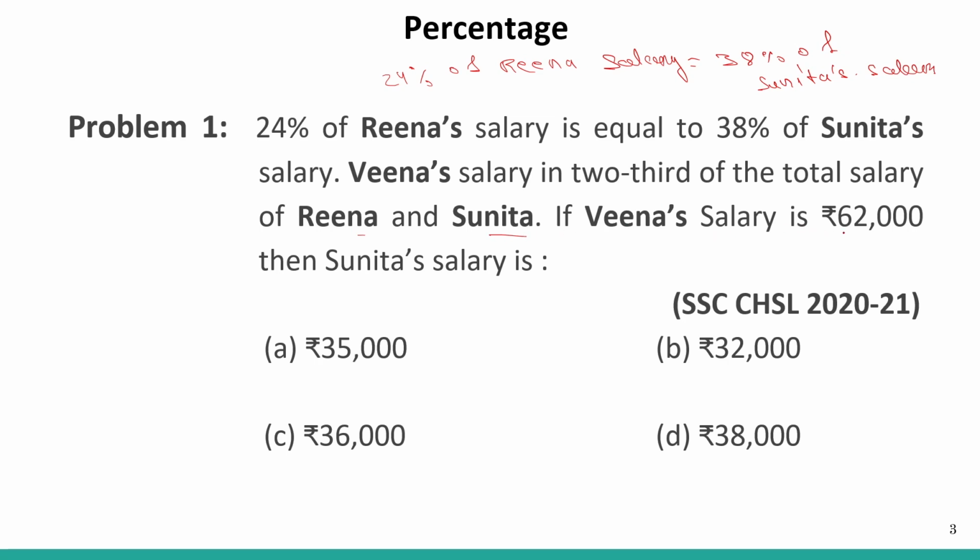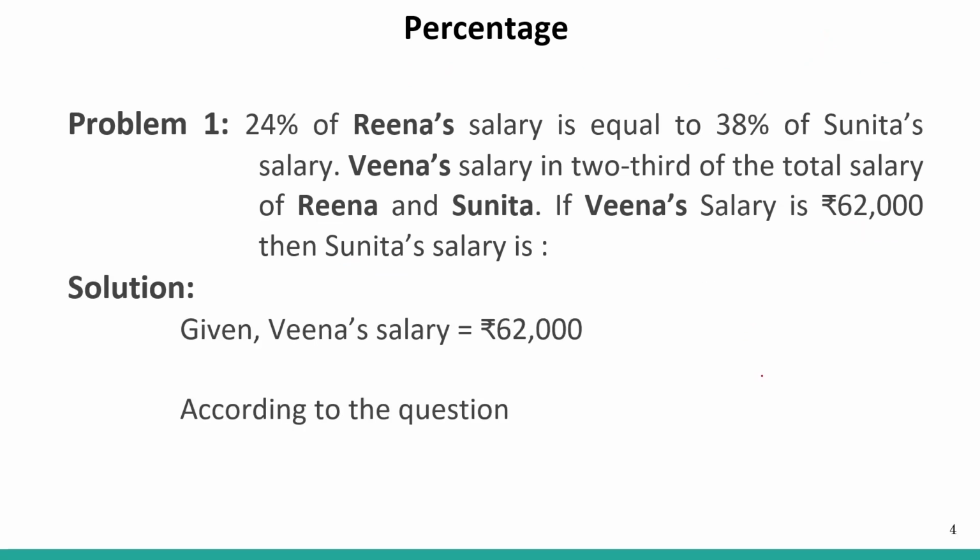If Vina's salary is 62,000, then what is the salary of Sunita? Okay. So is it 35,000, 36,000, 32,000 or 38,000? Let's see. This question appeared in the 2020-21 CHSL SSC exam. Let's see the solution.